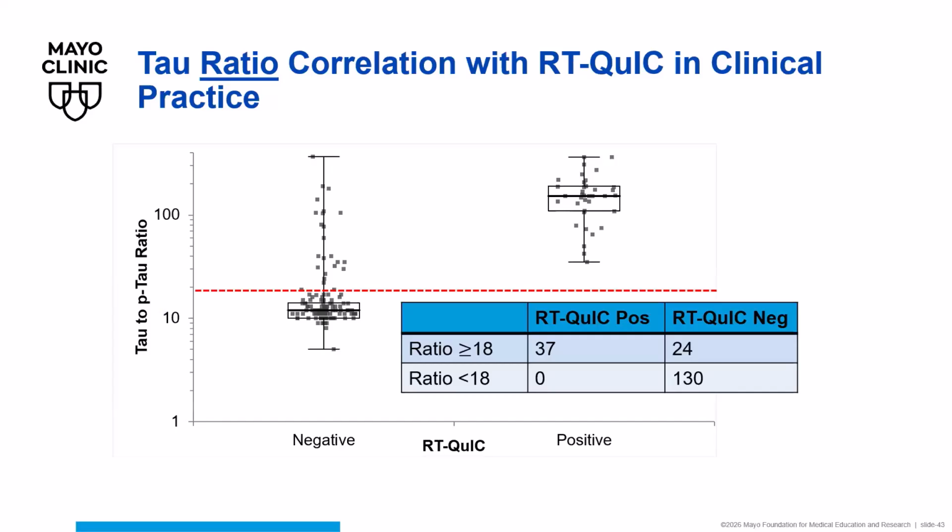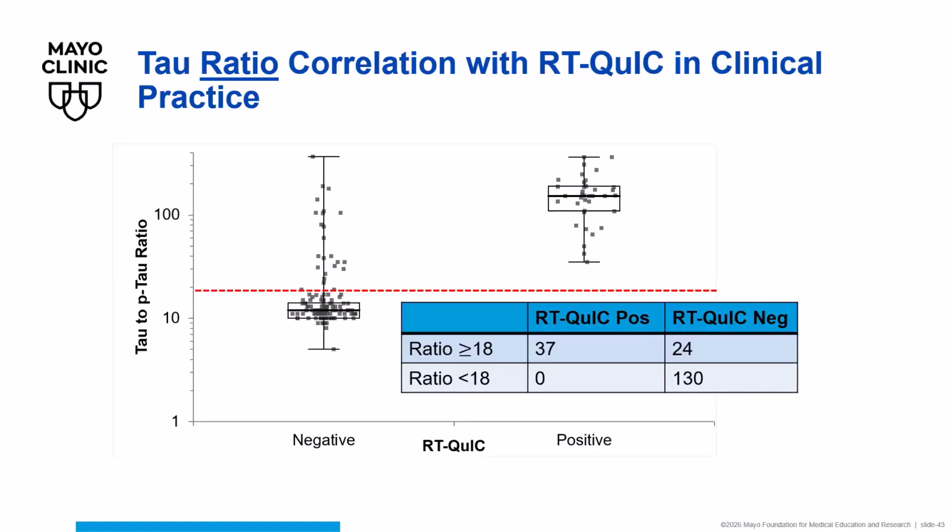This is just a study looking at post-validation in clinical practice. How does the tau ratio compare to RT-QuIC? What I can say is that it has done very well sensitivity-wise at picking up RT-QuIC positives. Looking at the breadth of all the testing we've done, we have only had a couple of cases where we missed on the tau ratio.